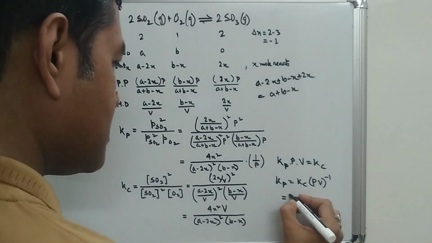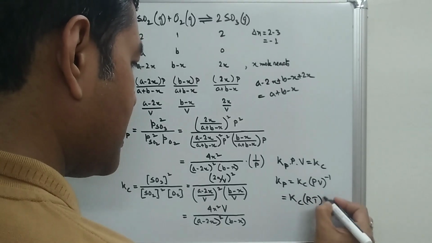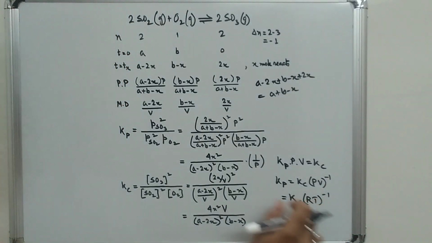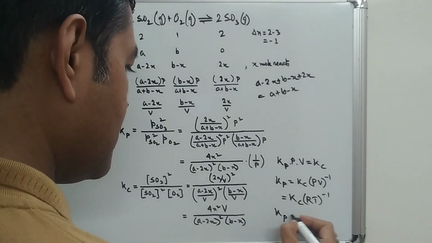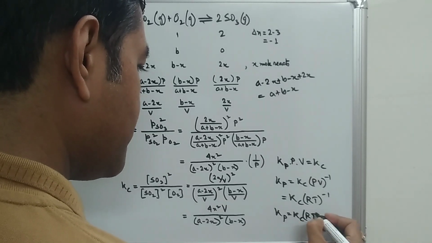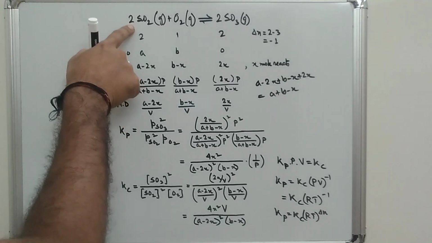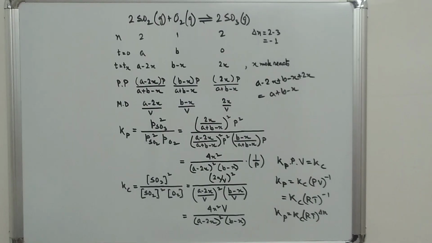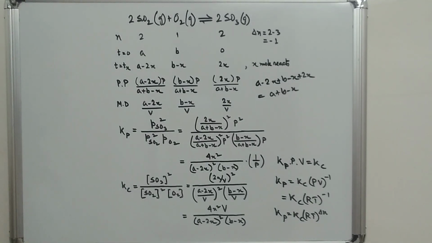Considering an ideal gas, Kp equals Kc (RT) to the power minus 1. Minus 1 is nothing but delta n. So Kp will be Kc into (RT) to the power delta n. This relation stands for our chemical equation, and it is an established equation.